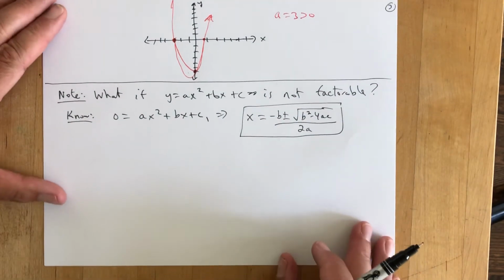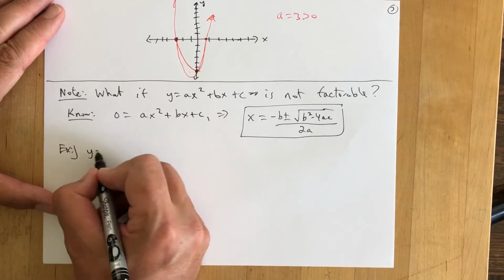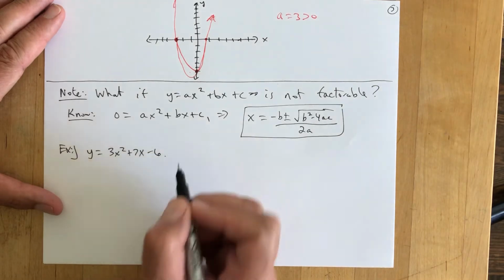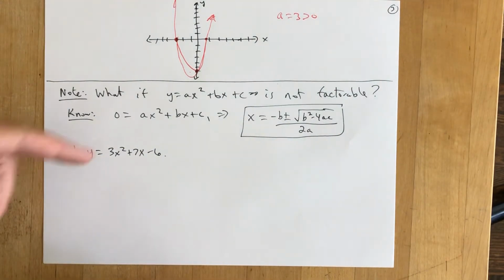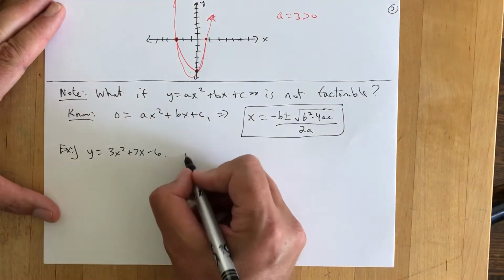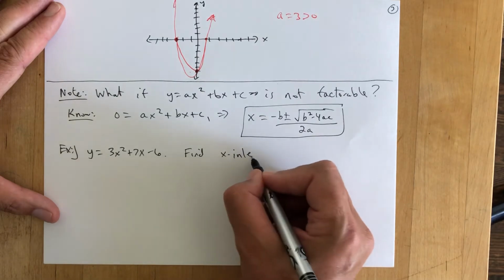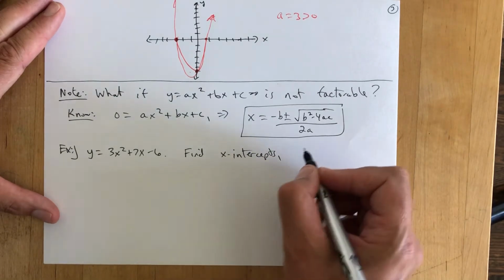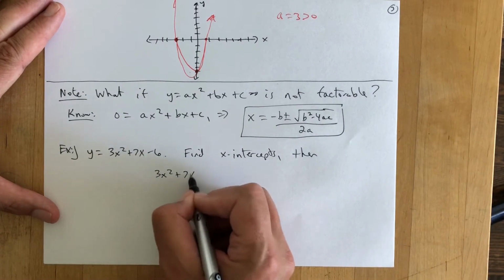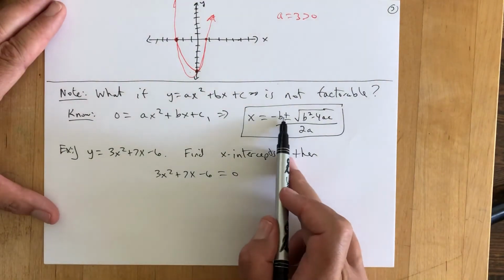So if we return to our last problem, the same one we're working on here, y equals 3x squared plus 7x minus 6. And let's say you didn't feel like factoring, or you felt that this is not factorable, and you wanted to find the x-intercepts. Then what you do is you take 3x squared plus 7x minus 6, set it equal to 0, and then plug it into this formula.